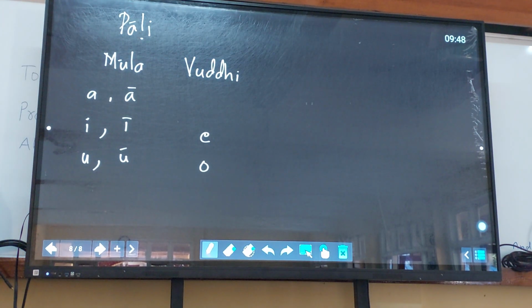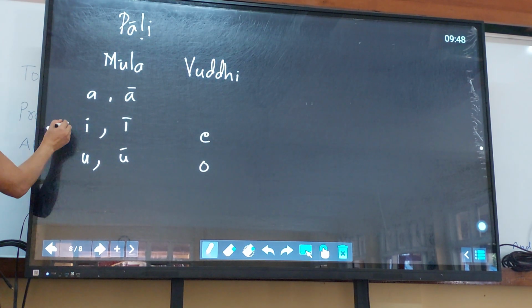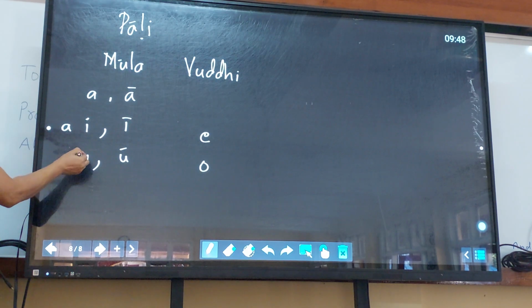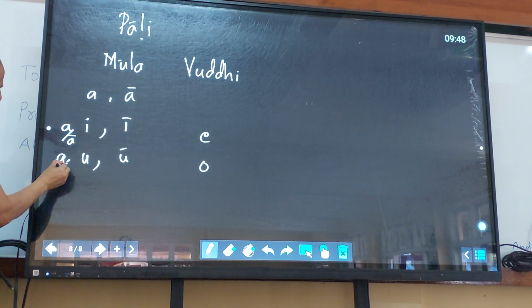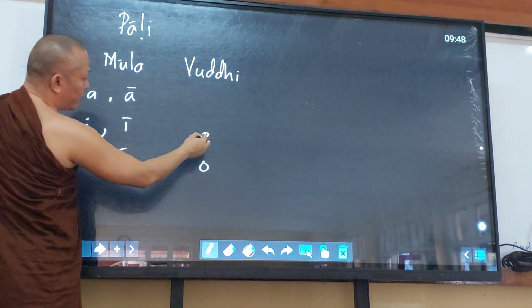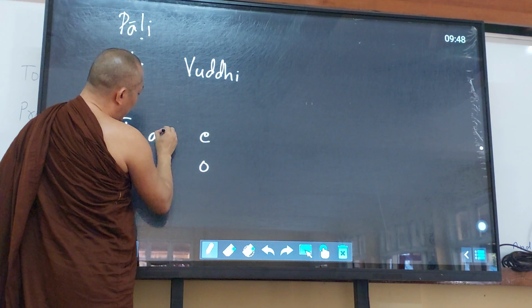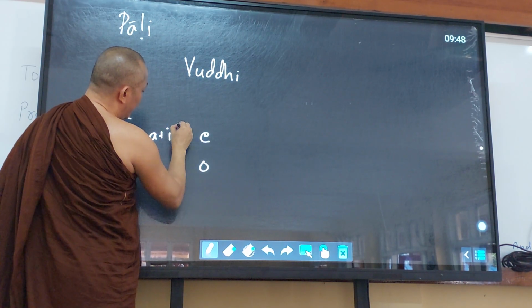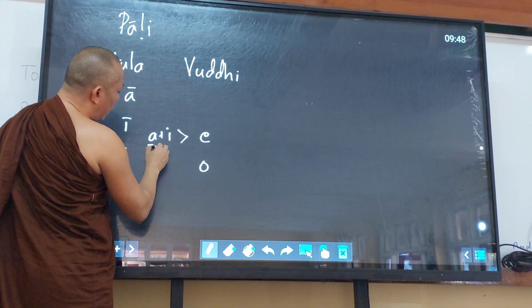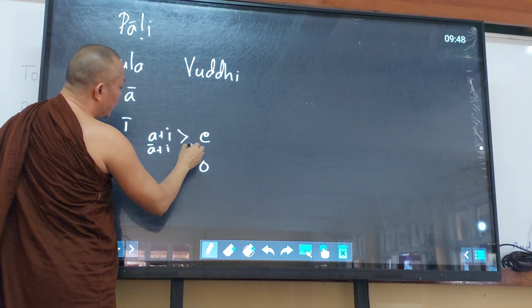So vuddhi means increasing. Increasing means how to increase? So before the i, increase a. Before the u, increase a. So that is why i changes to e, a plus i becomes e.